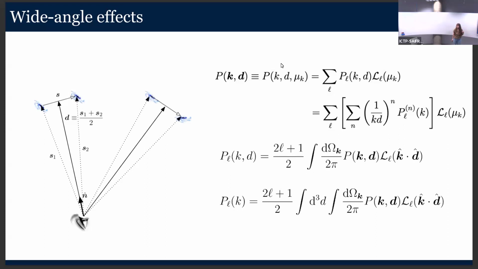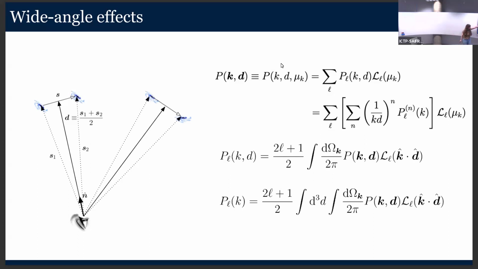So why was this not taken into account before? No, I mean, it was not relevant. Now we're starting to see if it is going to be really relevant for surveys like DESI and Euclid. What sets the scale for being relevant or irrelevant? The redshift that you're looking at.